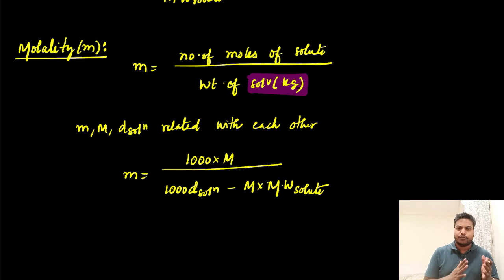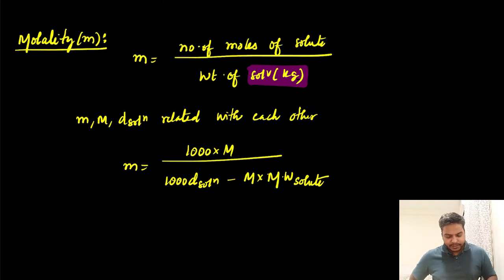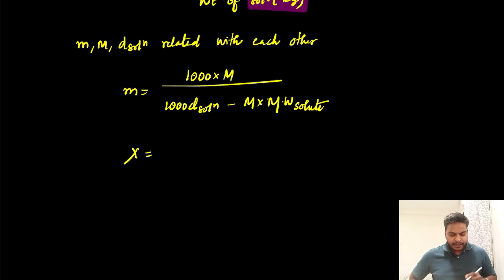So sometimes molarity is given, calculate molality. But this has been a very standard question in most of competitive exams, including KVPY. So I would suggest to mug up this formula directly instead of deriving it there. And mole fraction can be related with molality as molecular weight of solvent into molality divided by 1000.